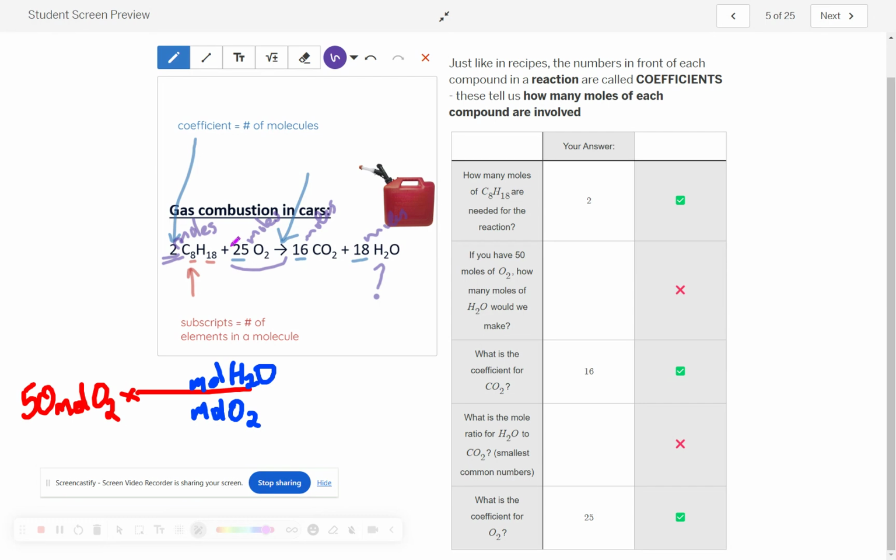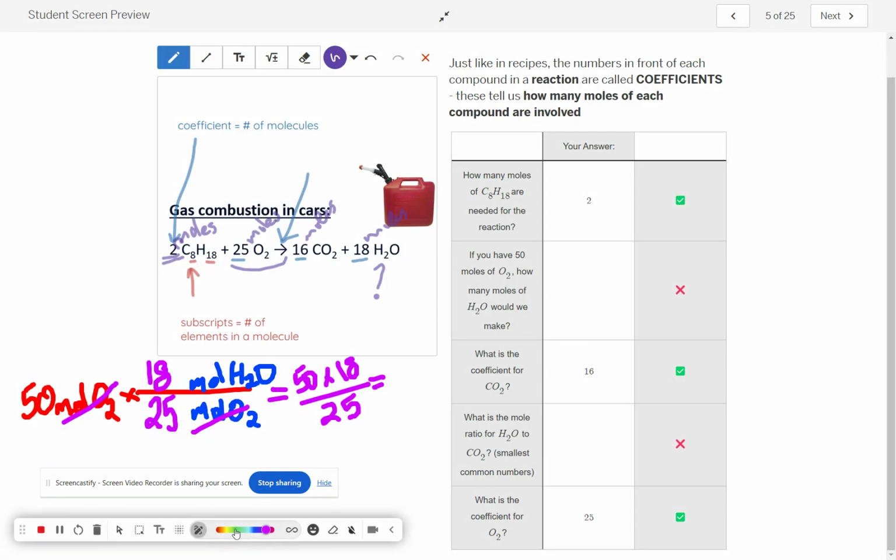So moles of O2, here's moles of O2. There's a 25 in front. H2O, there's an 18 in front. So I'm going to put an 18 in front. And then I'm just going to solve this. So when I solve it, the moles of O2 are going to cancel. And I'm going to get 50 times 18 divided by 25, which you can either plug this whole thing in the calculator or you can simplify it because 50 and 25 have a common factor of 25.